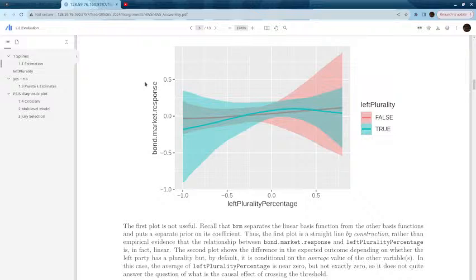And conversely, the blue function is estimated on all the data where left plurality percentage is positive, but it is also extended farther to where the values are negative. So the difference between the red and the blue function is what the authors are trying to get at with this regression discontinuity estimator.